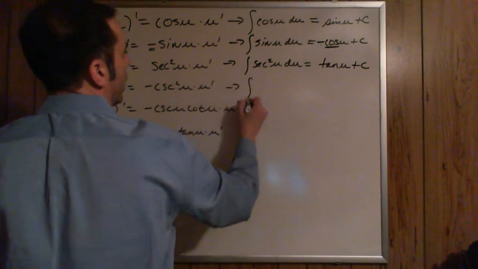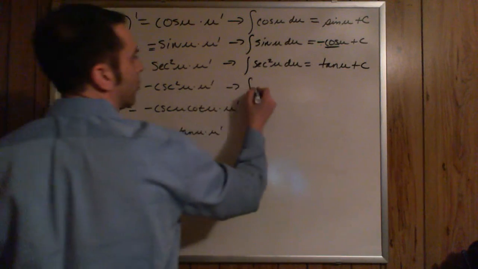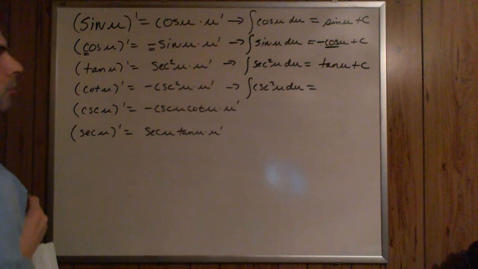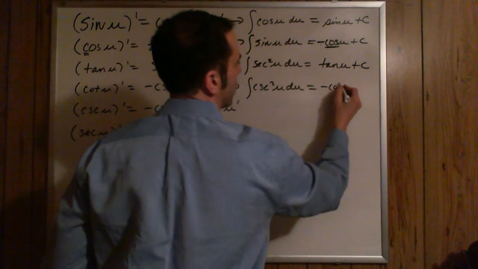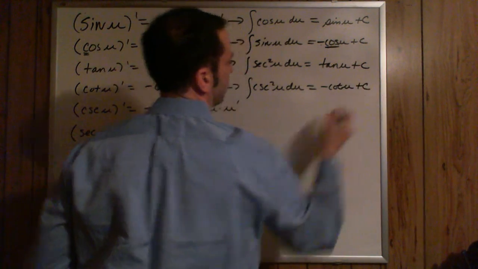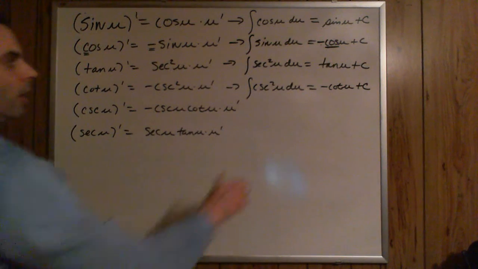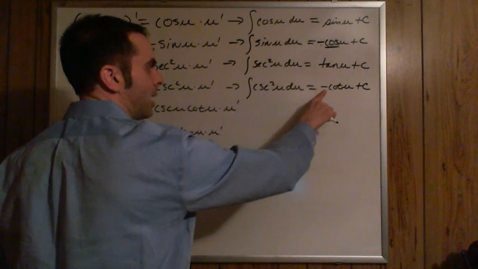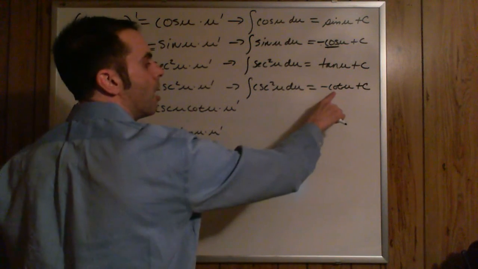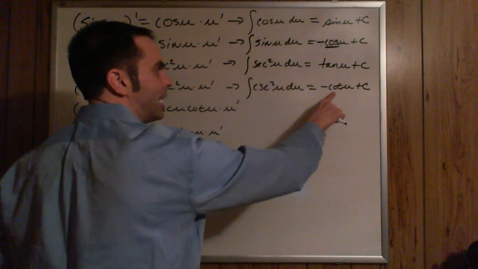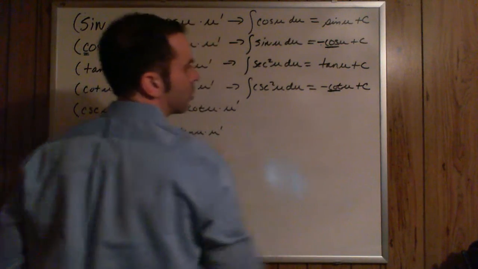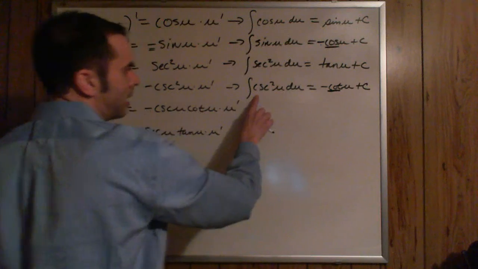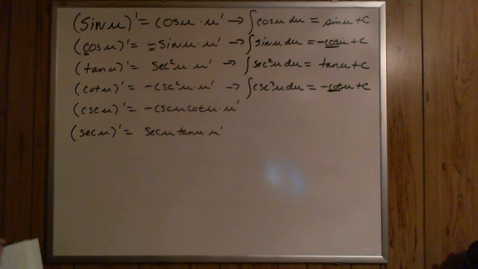This would imply that the indefinite integral of cosecant squared u du would be equal to negative cotangent u plus c, because our answer is a co function, so it is negative. And as a double check, the derivative of cotangent is negative cosecant squared u, times this negative would now yield a positive cosecant squared u.